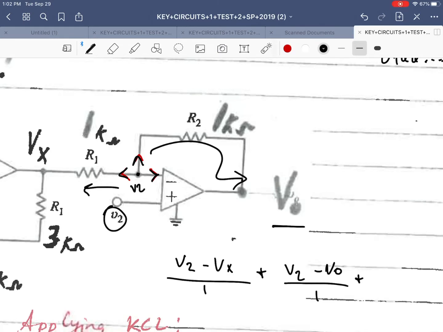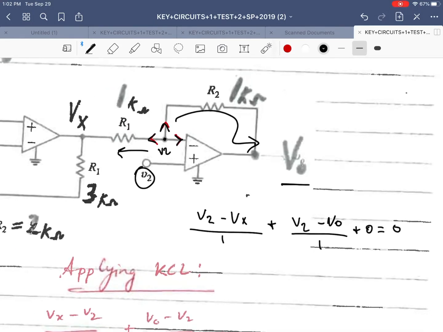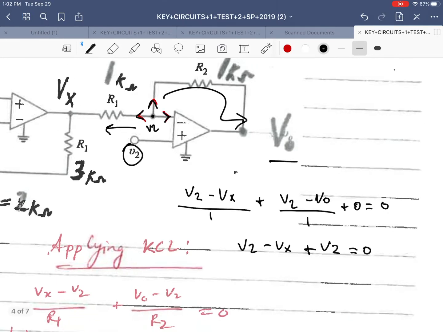Remember the current flowing into there is always 0, and therefore the voltage is 0 as well. Set that all equal to 0, and we're left with V2 minus Vx plus V2 equals 0. Oopsies, I forgot also the VO, plus V2 minus VO equals 0.